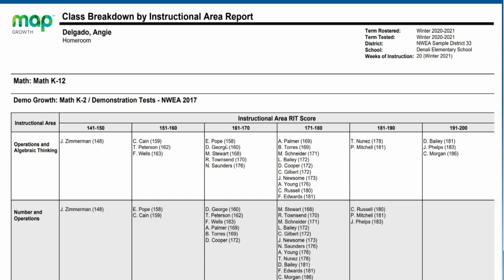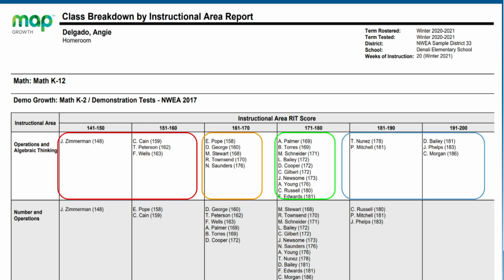So we can see different students having strengths or relative weaknesses in the different instructional areas, and this may inform grouping. So one way we might want to consider student groups, if we're considering operations and algebraic thinking, the groups might look something like this. So I'm taking those two groups of students at those lower Writ ranges and making them a group.